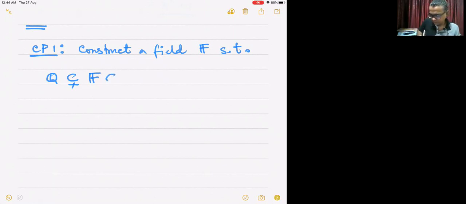But now here you have to construct a field F such that Q is a proper subfield of F, and F itself is a proper subfield of R. Can you do that?